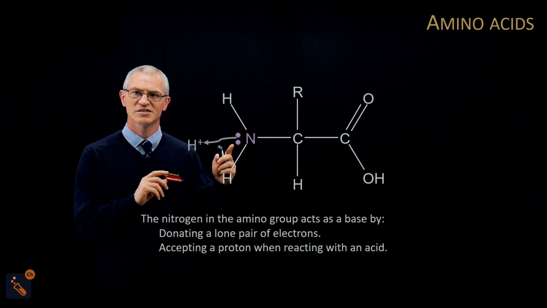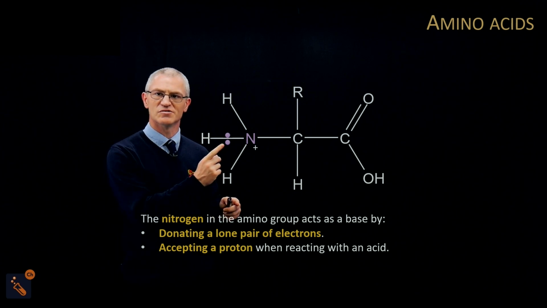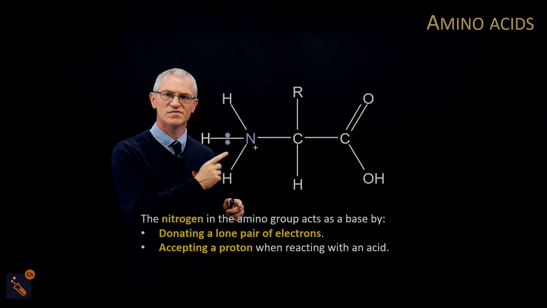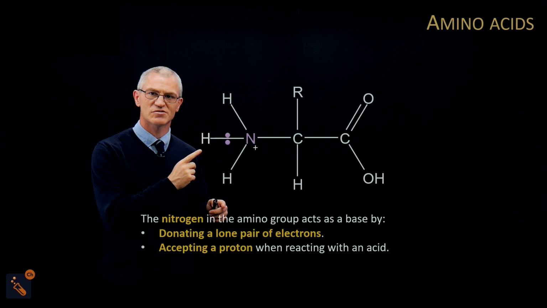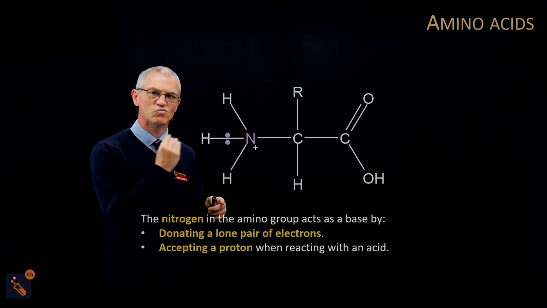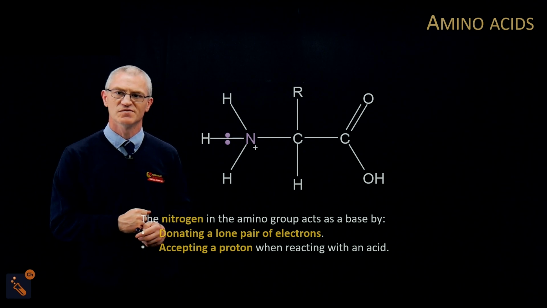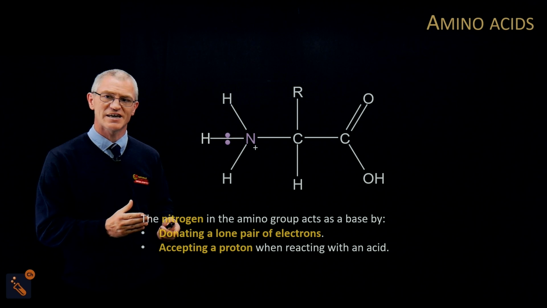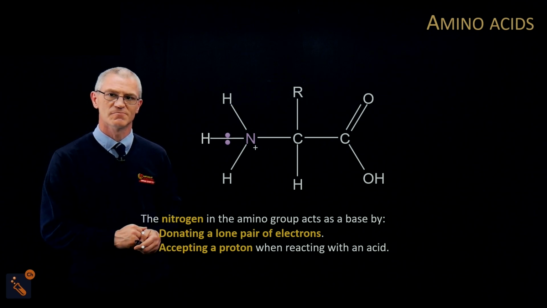So here is our dative covalent bond formed as a result. That means both electrons come from the nitrogen only, and it means there is one too few electrons here because remember the H has no electrons whatsoever, so we're missing one electron and therefore overall you have a positive charge. So remember, if it's an exam answer, why does it act like a base? Because it's donating that lone pair of electrons and accepts a proton.